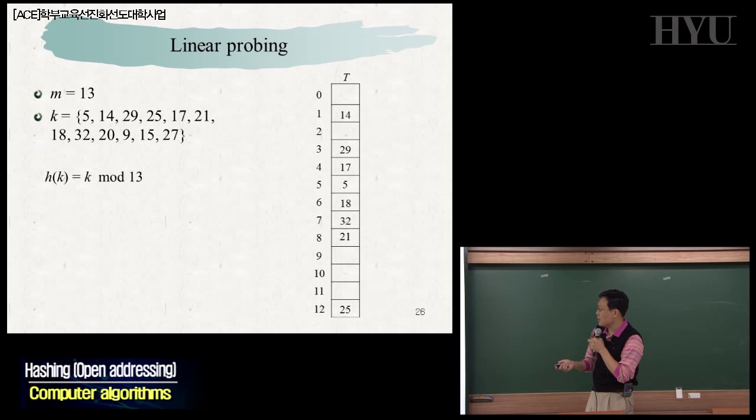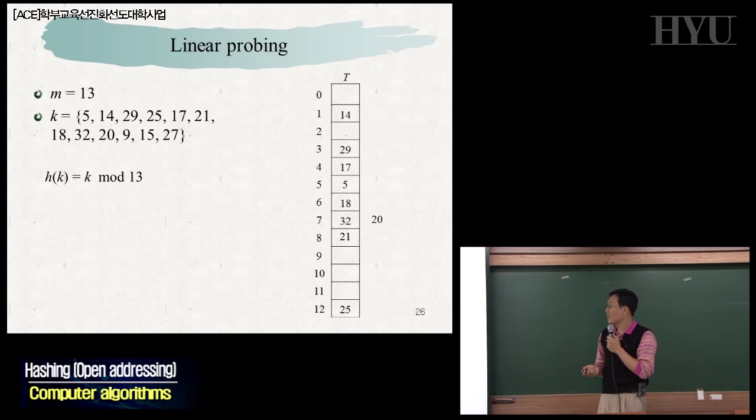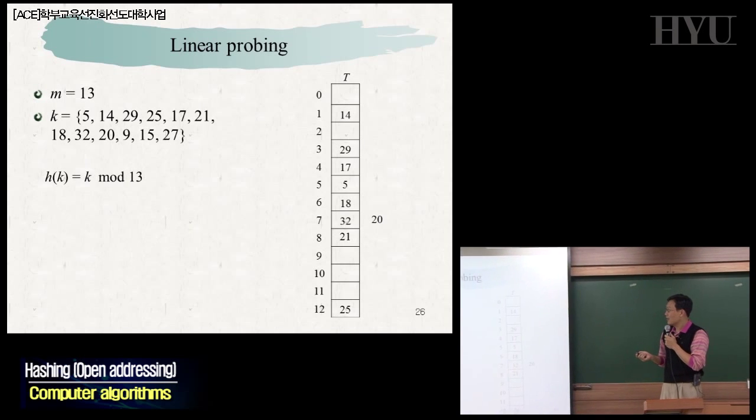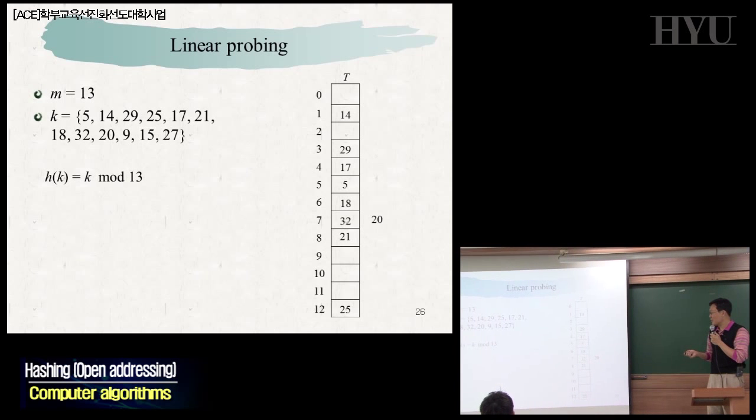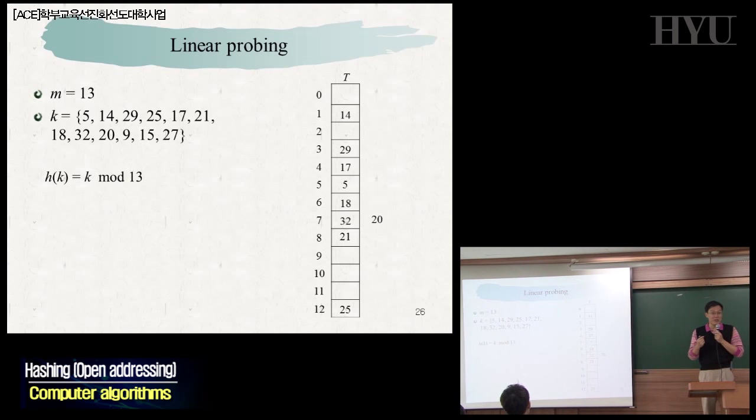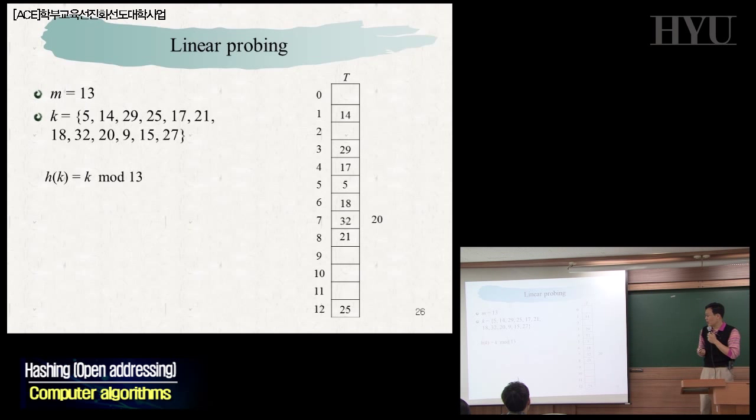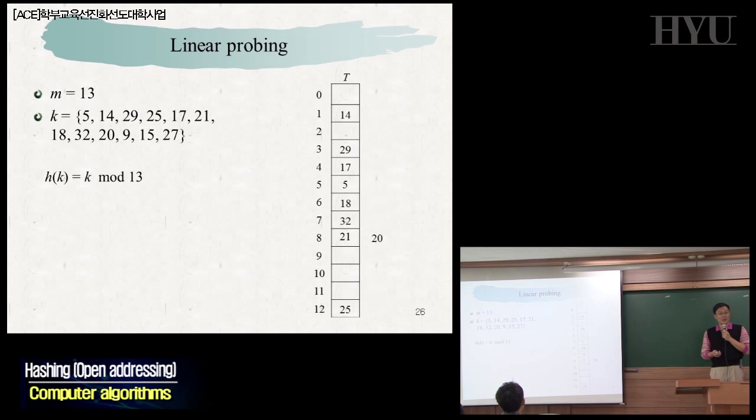Okay, the next key is 20. What is the slot number? Anyway, its hash value is 7. And then check the next slot. It isn't empty, so check the next slot, and it's stored at 9.